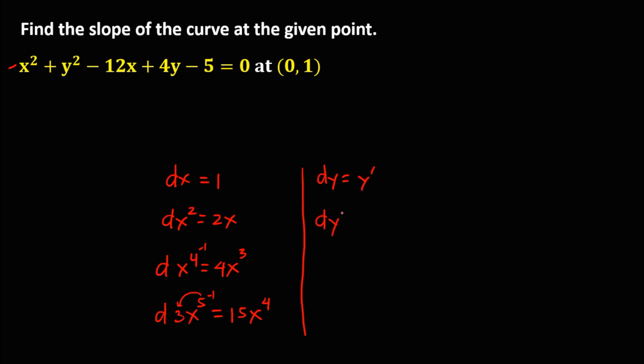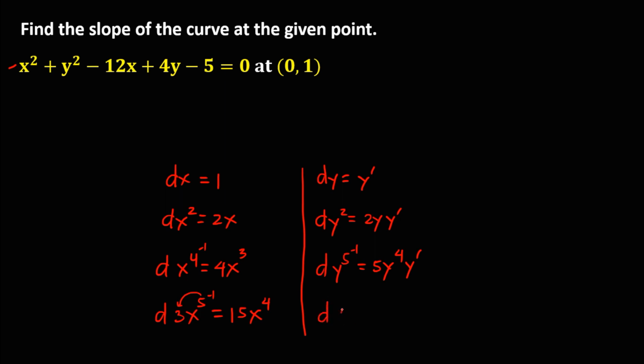The derivative of y to the power 2 is 2y times the derivative of y, or y prime. Then for the derivative of y to the power 5, we have 5y, minus 1 for the exponent, to the power 4 times the derivative of y.